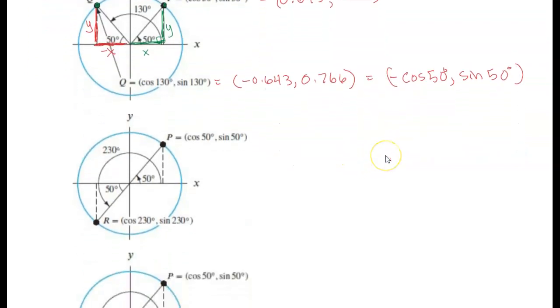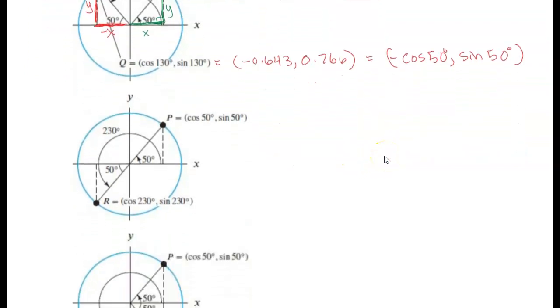So for example, in this next example, now we have a point in the third quadrant, right? In the third quadrant, both x and y are negative, but you can see that this triangle right here is exactly the same, a congruent triangle to the one in the first quadrant.